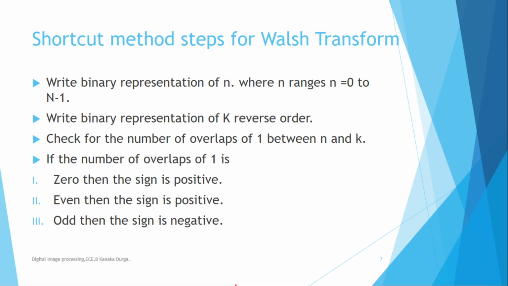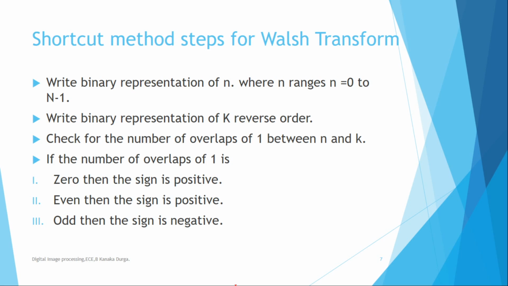Whatever range small n has, the same range applies to k. So if n goes from 0 to 3, the k value also goes from 0 to 3. The k value has to be represented in reverse order, and that is the second step.